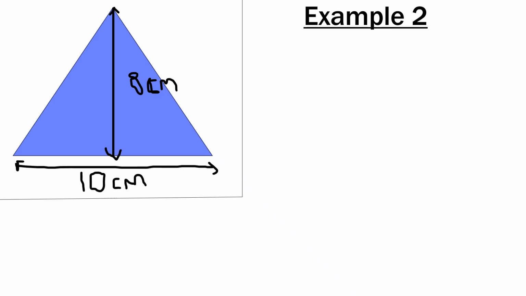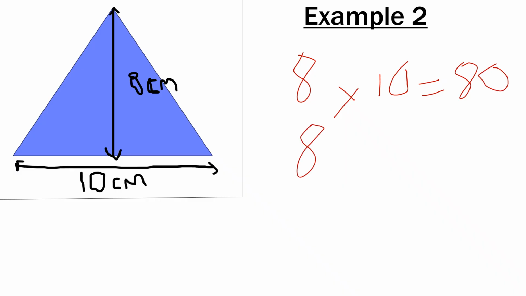Let's now do it. We will do 8 times 10. These are the two units, 8 and 10 in the triangle. So we're doing 8 times 10 equals 80. Now, we need to divide it by 2 because this is not a triangle, and 2 triangles equal a rectangle.